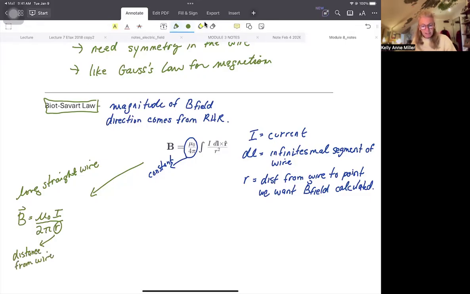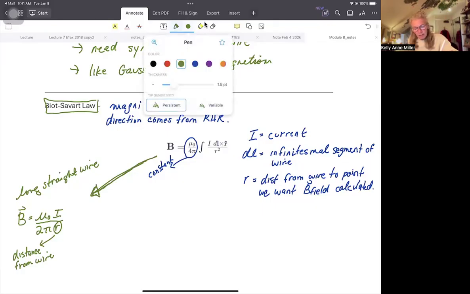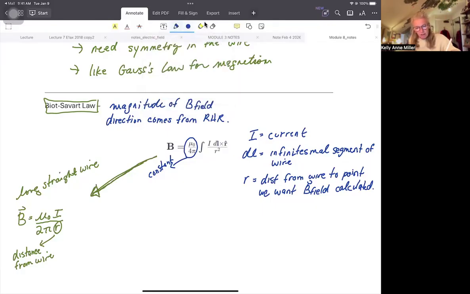If you want to see how you go from this integral to this, it's in the first part of the calculus material, if you're interested in how the integration works. So that's one geometry that is good to know.